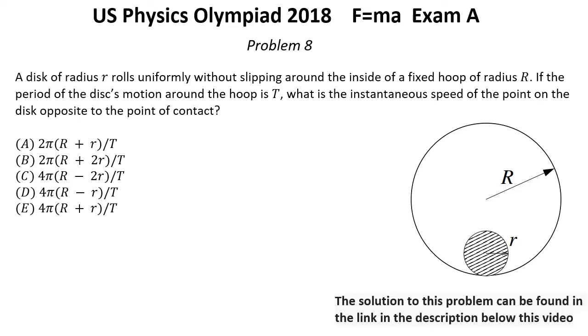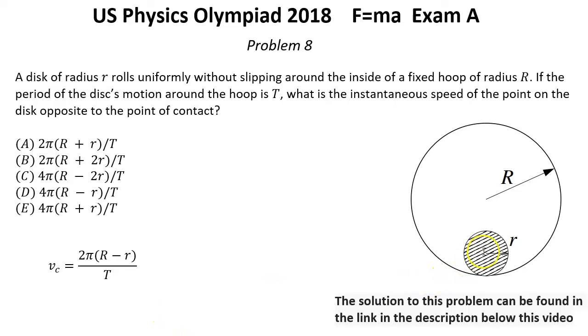Solution for problem number 8. First, we can find the speed of the center of this small disk. This speed is equal to the distance covered by this center, which is 2 pi multiplied by big R minus small r, divided by period t.